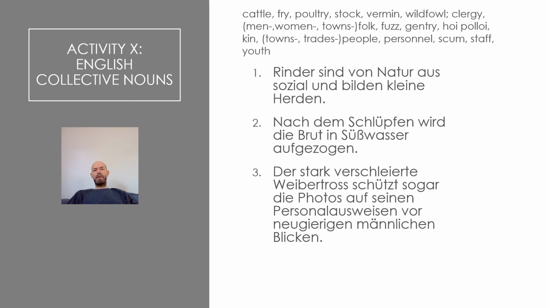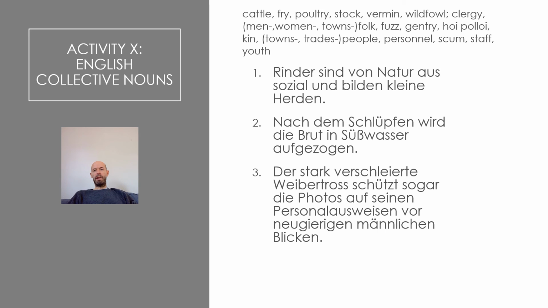Then there are a number of nouns which are always used in the plural, or rather with a plural verb. English collective nouns. Cattle, for instance. Folk or menfolk, womenfolk, townsfolk. Personnel, staff, youth. These are always used with a plural verb.